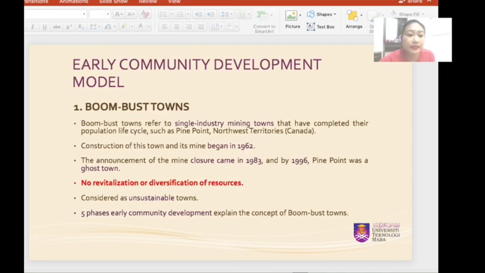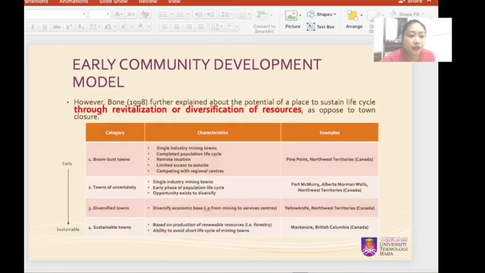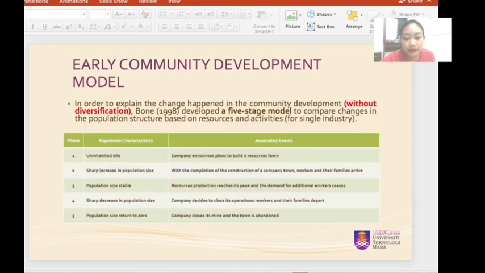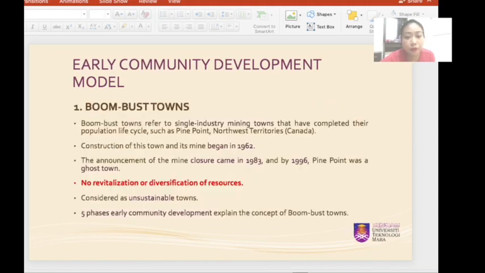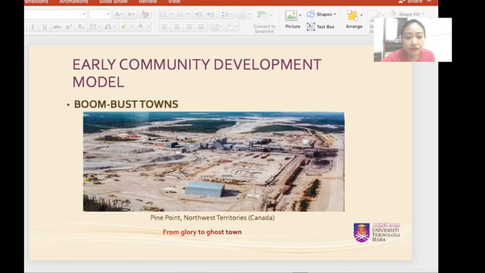If you can see here, the stages mentioned by Bone in 1998 are all seen here in boom-bust towns. Okay, so this is the example of boom-bust towns in Pine Point, Northwest Territories and Canada, from glory to ghost town.